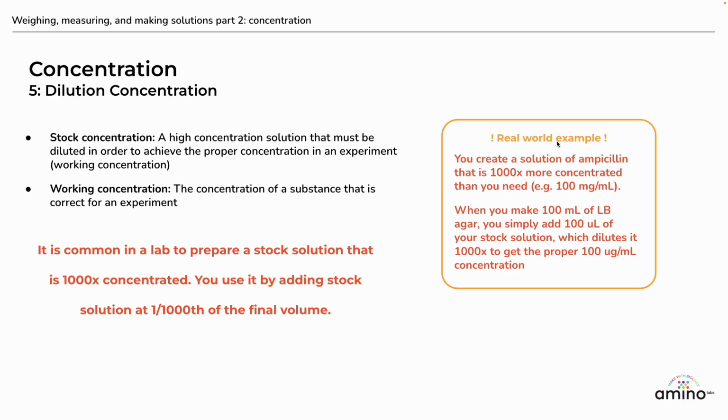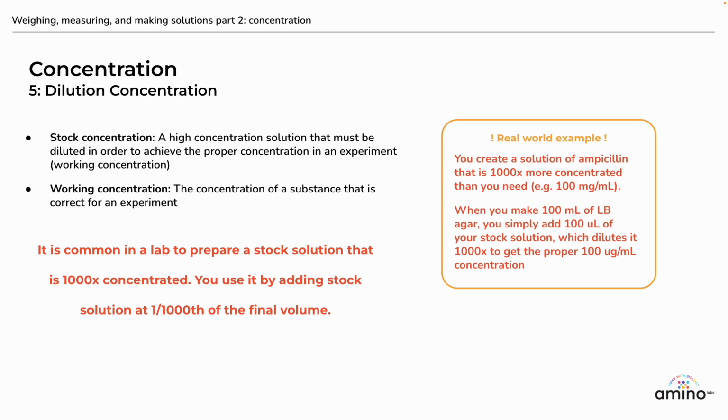Here's a real world example. Let's say you want to create some LB agar plates with ampicillin in them. You could create a solution of ampicillin that is 1,000 times more concentrated than you need in your LB agar. A real example is you might create a solution of ampicillin that's 100 milligrams per mil, and then store that in the freezer and pull it out as you need it.